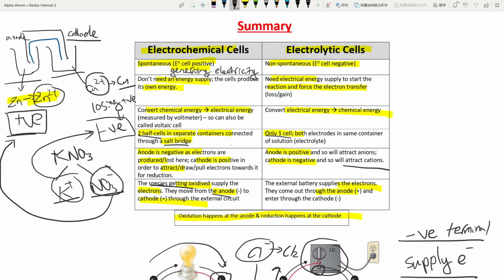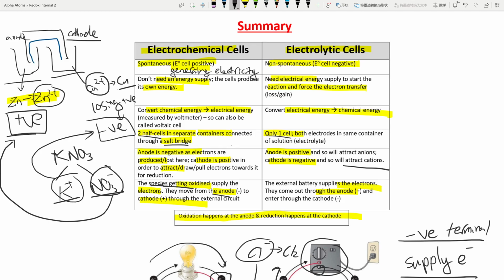Now, just to summarize this entire topic for the level 3s that are listening, doesn't matter what you do, you need to be able to do your half equations, your full equations, your oxidation numbers, and the observations, linking all observations to the species.